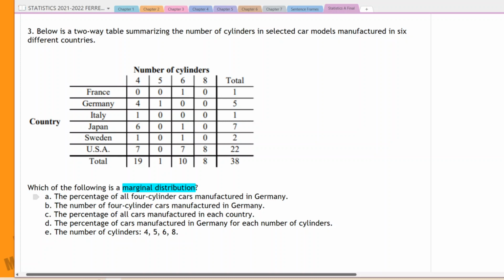So when I take a look at this first one, the percentage of all 4-cylinder cars manufactured in Germany, you would answer that with a single number. So that can't be the correct answer.